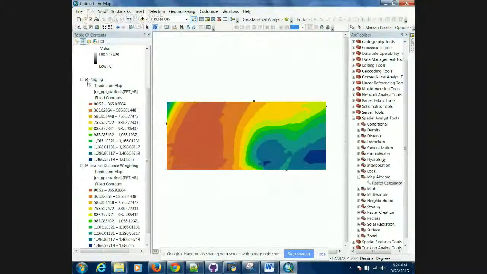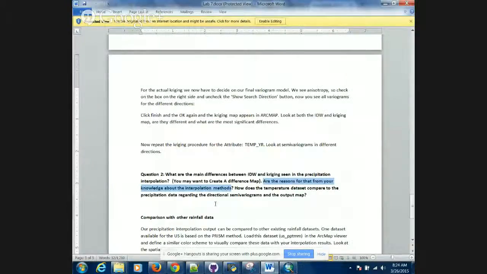So here's IDW versus kriging, and you can see that kriging did that more, particularly in these areas close to the edges. Okay, how does the temperature data set compare to the prediction? I'm going to let you do the temperature math.